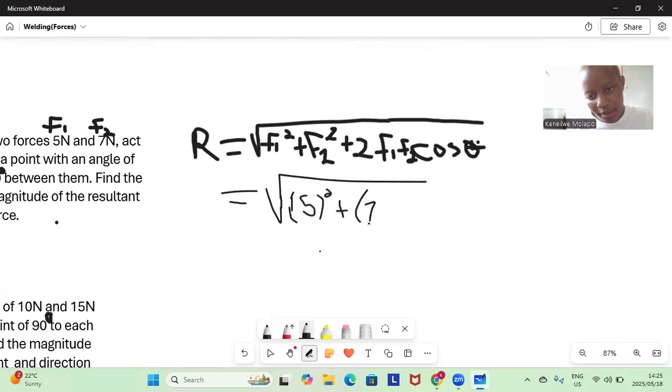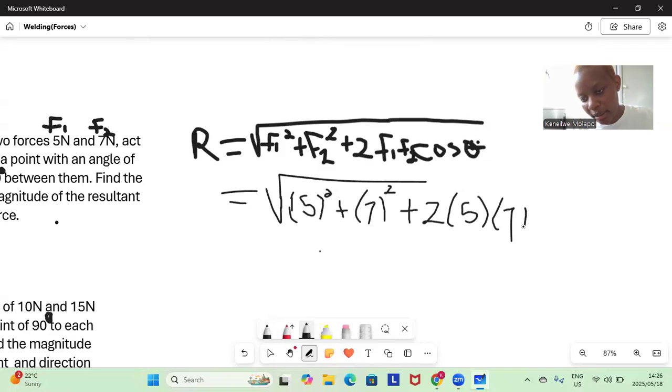It is 7. You square your 7. Then plus, never forget this one, 2. Then open bracket. First one is 5. Close bracket. First 2 is 7.